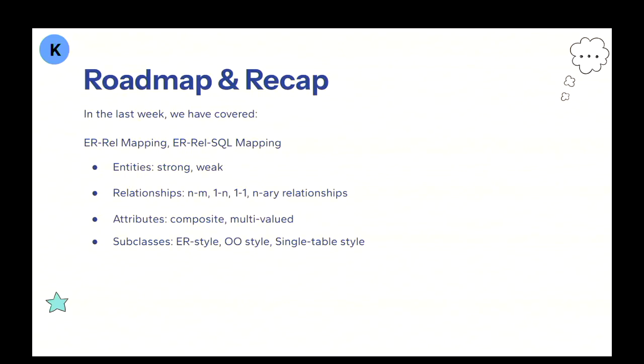Remember that what we have covered just now is simply from entity relationship to relational modeling. If we really want to map it into SQL, we need to think about the constraints, and how we determine the foreign keys and the primary keys. So that's about the mapping.